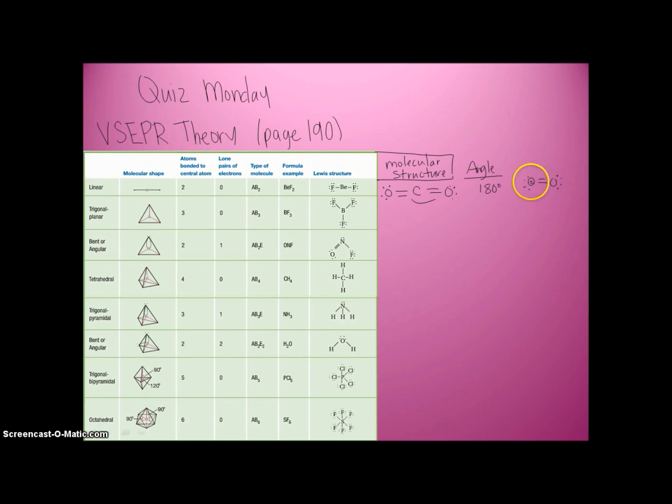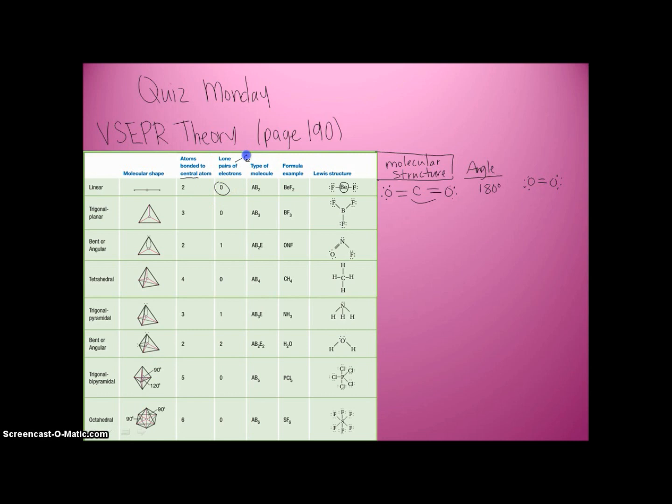Obviously, anything with 2 atoms by themselves or 2 atoms bonded to 1 central atom. This is referred to as the central atom. There are no lone pairs on the central atom.